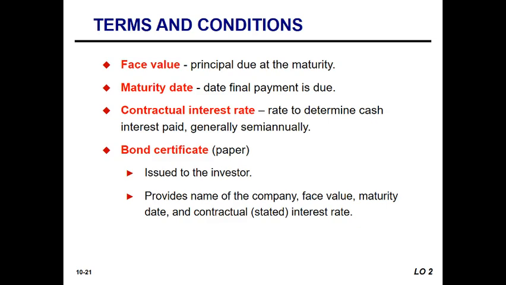Contractual interest rate. This is a little bit different than just interest rate. The reason we use contractual interest rate versus just interest rate is that in the bond market, there's a lot of other types of interest that come into play. However, the contractual interest rate is the rate that we use to determine the amount of cash interest that gets paid on the bond.